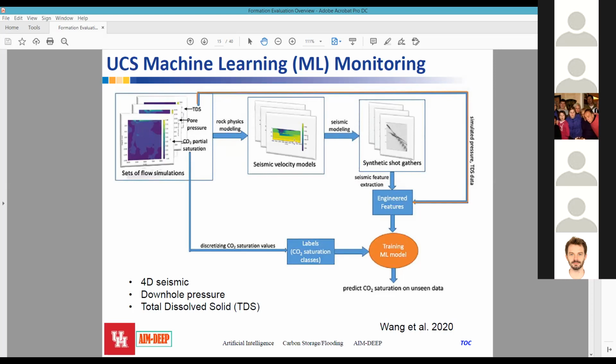And then we again do the forward modeling, for example, using finite difference modeling, or maybe a little less complex seismic modeling algorithm like reflectivity or even a convolutional model.